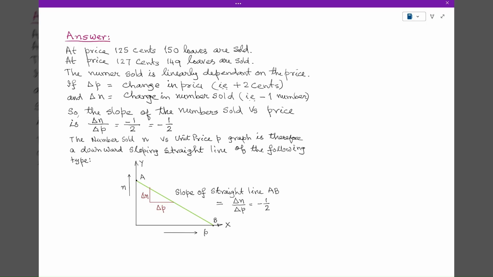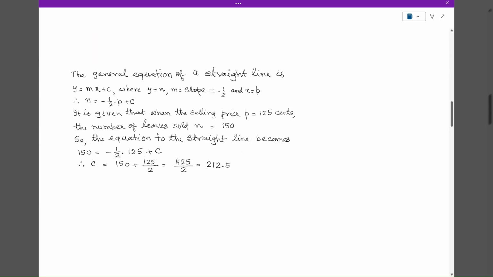So the straight line is AB. It has a slope dn by dp of minus half. The general equation of a straight line is y equals mx plus c, where y is n in this case, m, the slope, is minus half, and x is p.